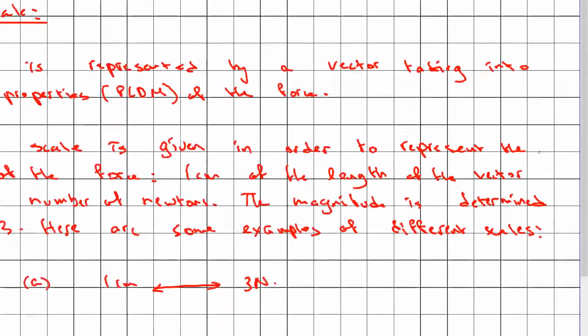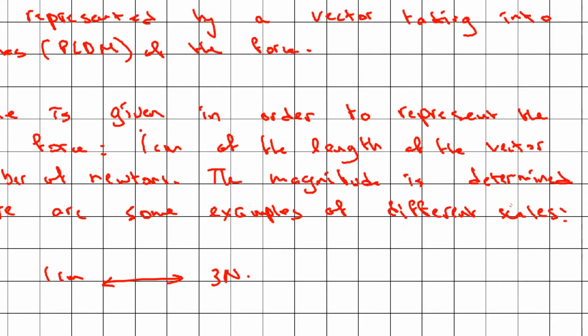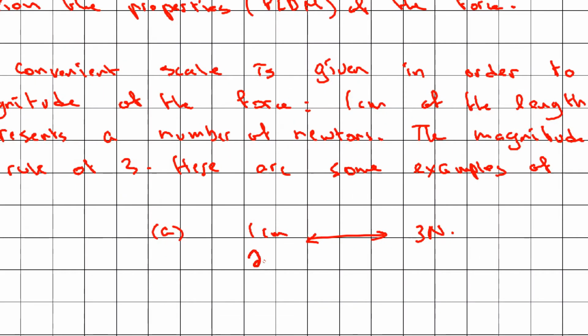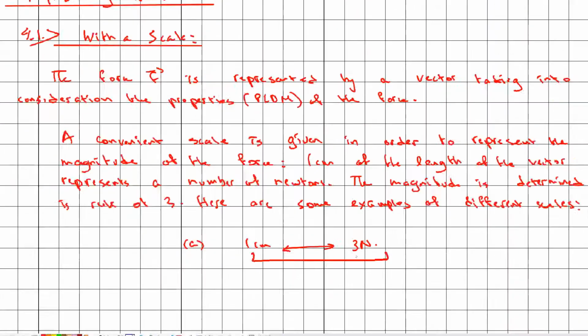So here I have said that 1 centimeter of the length of the vector represents a number of newtons. So this 1 centimeter is a scale. So here, for example, if we have 2 centimeters corresponds to 3 newtons, this is not a scale anymore, because the scale is based on the fact that this must be a unit of length, which is 1 and not 2. Okay, so this is a good example of a scale.